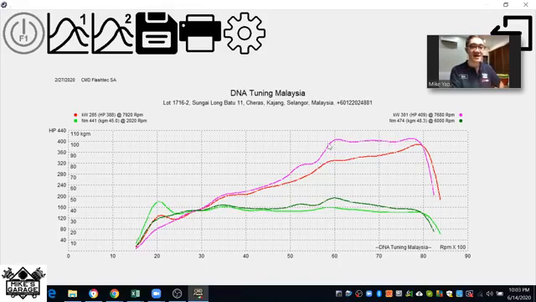And then the power is quite constant, flat, right up to 7,900 RPM. So that is the difference between the tune and stock.